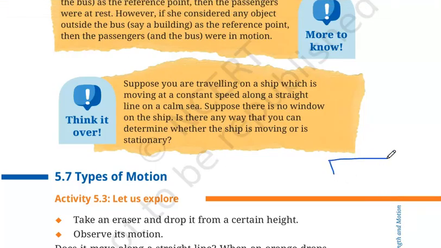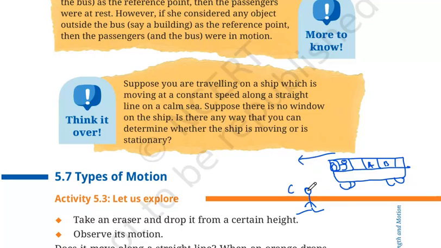Students, let us consider a bus. This bus has a driver who's driving the bus, and then we have many passengers sitting on the bus. Suppose I'm talking about passengers A and B. And there is another man who is standing at the bus stop, and let us call him C. Now, the bus is moving.